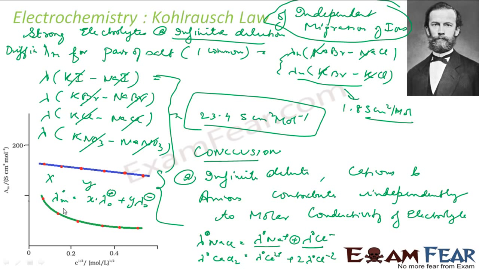Correct. For example, MgCl2 will give you 1 Mg2 plus cation and 2 chloride anions. So it will be lambda of Mg plus 2 of lambda chloride. It's a general rule actually. So it gives X cations and Y anions. Then X into the molar conductivity of cations, because you are getting X number of cations, and plus Y into molar conductivity of anion, because you are getting Y number of anions.